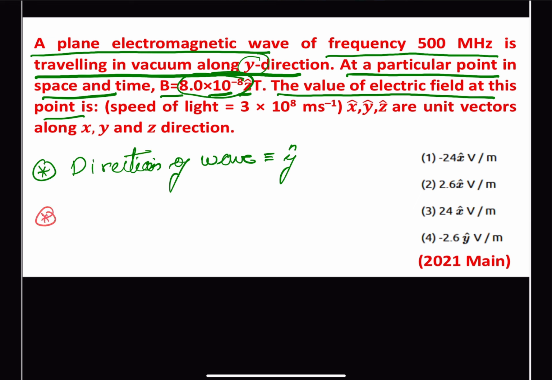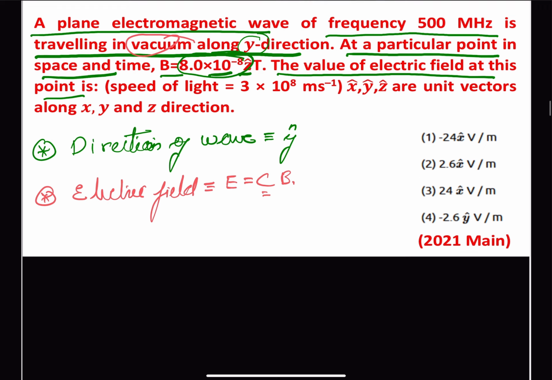So we can say that electric field E is equal to C multiplied by B. In this case, because it is traveling in vacuum, we are going to multiply it by C. Otherwise, we have to find out the value of the velocity of light.